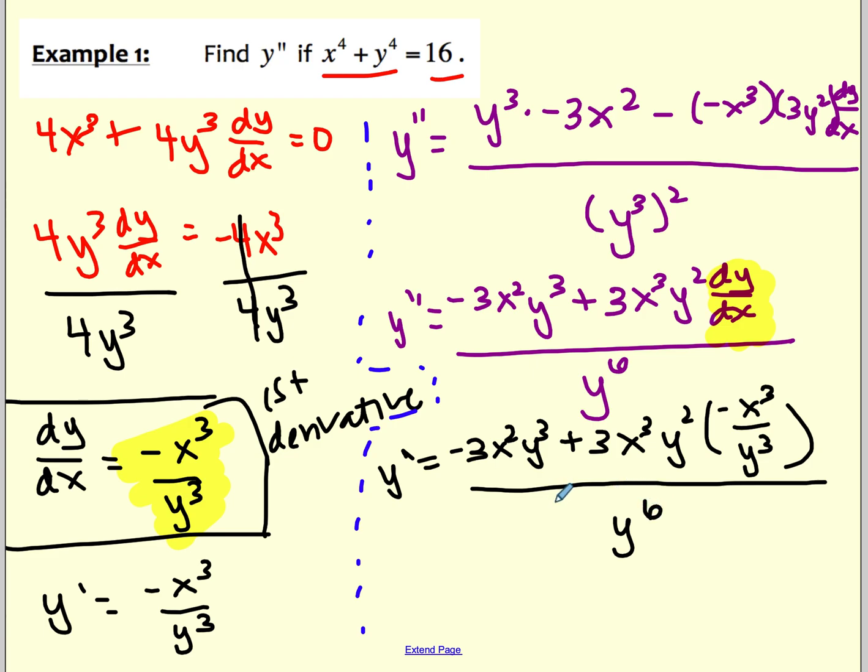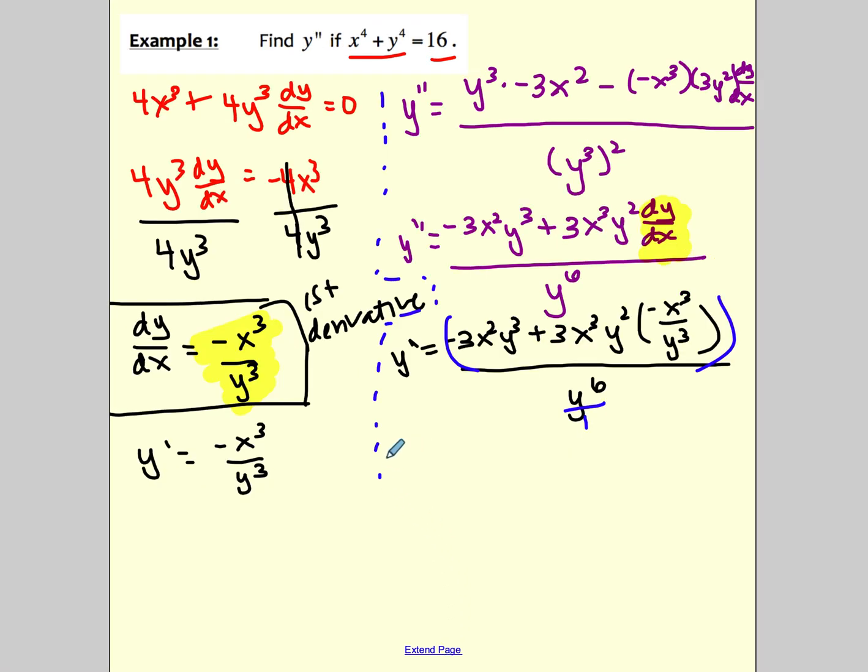And now from here, I am just going to go ahead and simplify this part. I'm going to do more than one thing at a time. Okay, this is all my numerator, so I'm going to write this. And at some point, I'm dividing by y to the sixth, so I'm going to multiply by its reciprocal. So y double prime is equal to, I would have negative 3x squared y to the third. Now here, it's a positive times a negative, so I'd have negative.